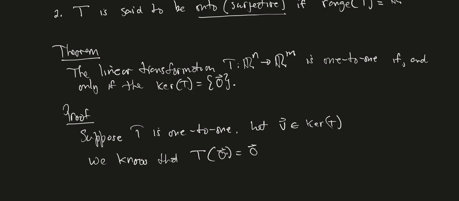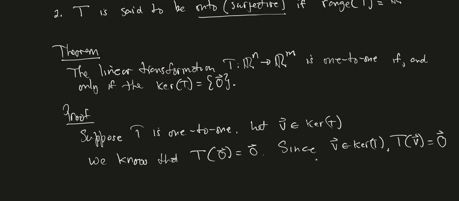Now, since V is in the kernel of the transformation, we know that the image of V must be the zero vector.